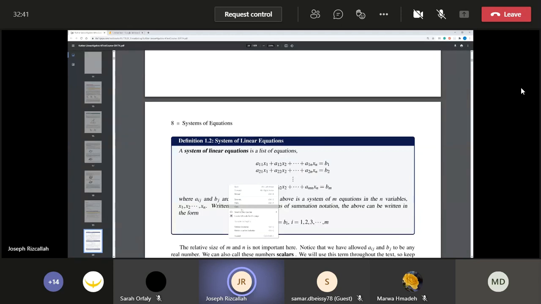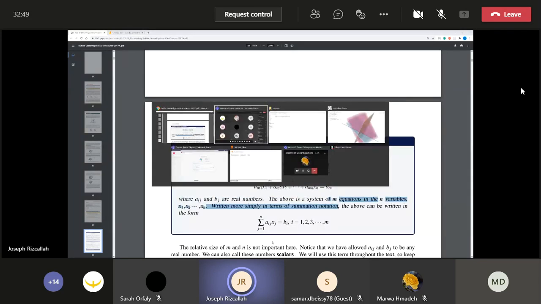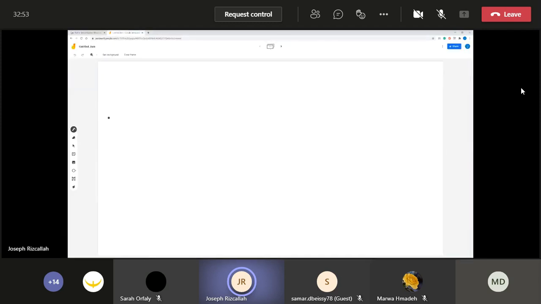Okay, so here is how it looks. We have a11 x1 plus a12 x2, plus, and here we have a1n xn, and this is equal to b1. You remember, this is the first equation. Then we write the second equation, which now has a21 x1.